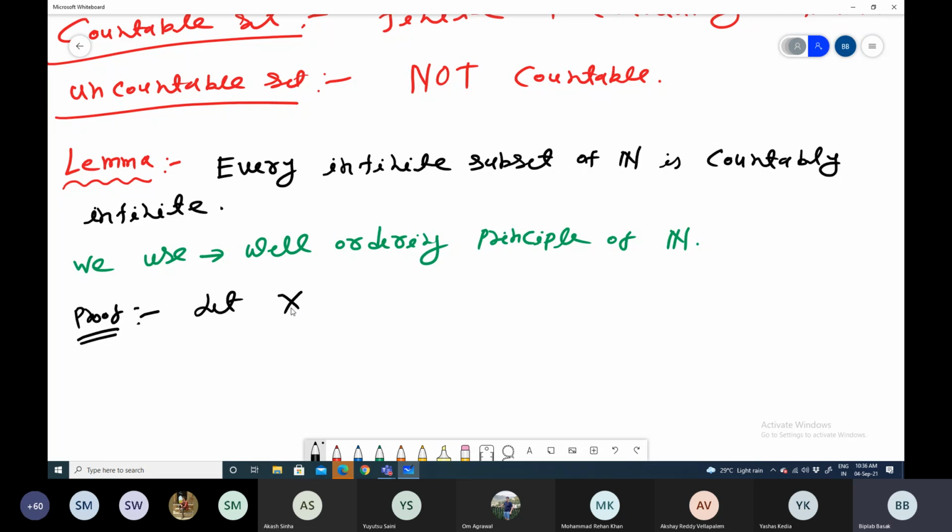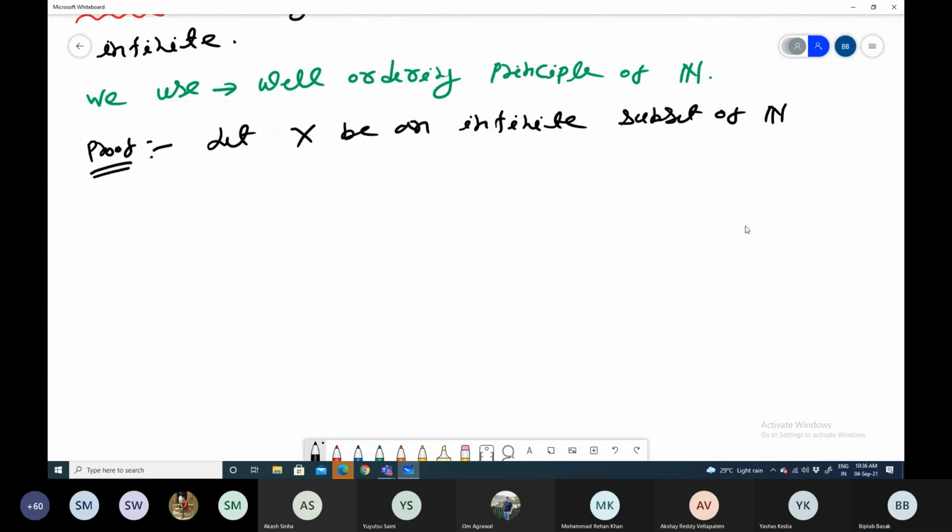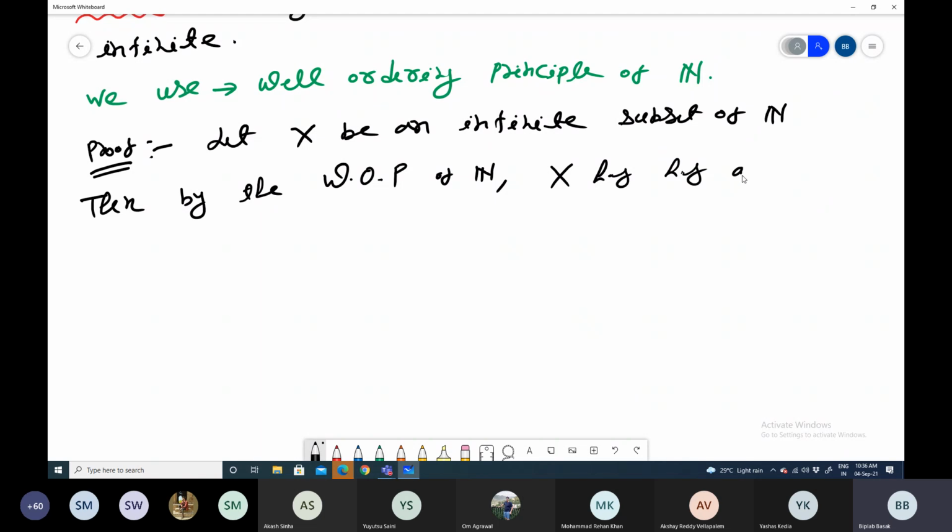Let X be an infinite subset of natural numbers. Now then, by the well ordering principle of natural numbers, we have X has a least element.